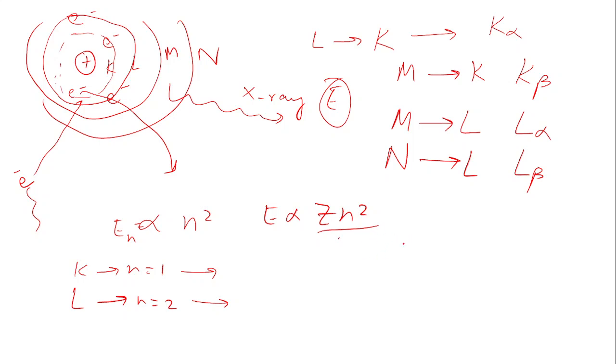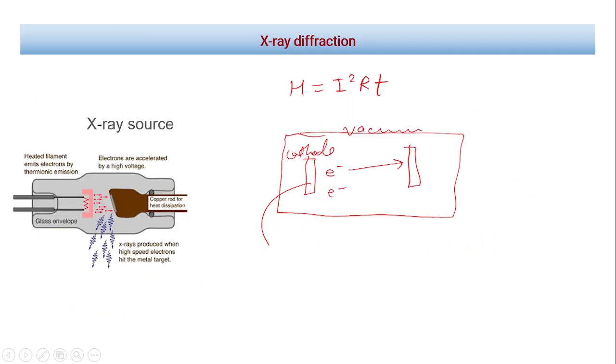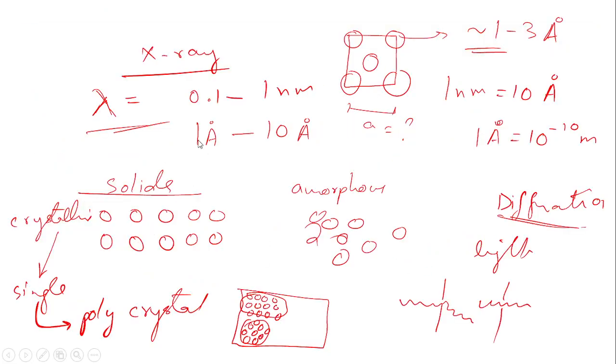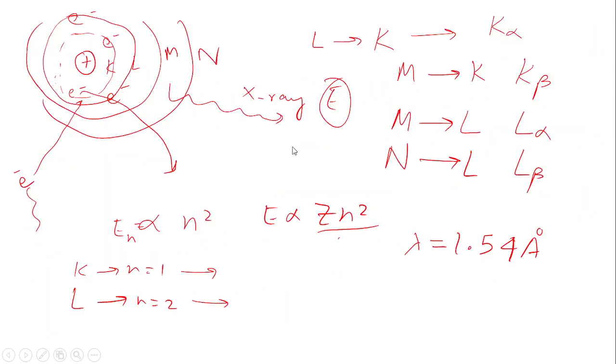Usually a commonly used X-ray has a wavelength of 1.54 angstrom. This is a very commonly used X-ray wavelength, although I told you the range goes from 1 to 10 angstrom, a very commonly used one is 1.54 angstrom, and this particular wavelength we get from copper.